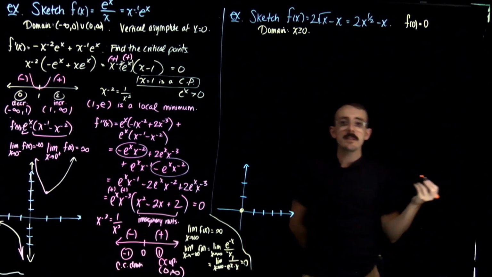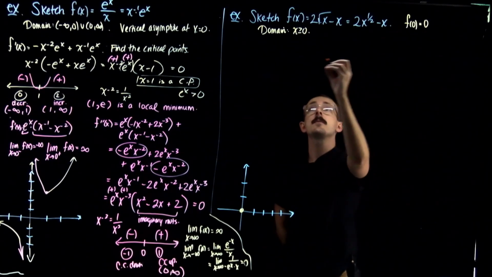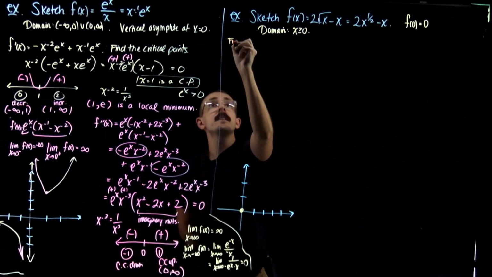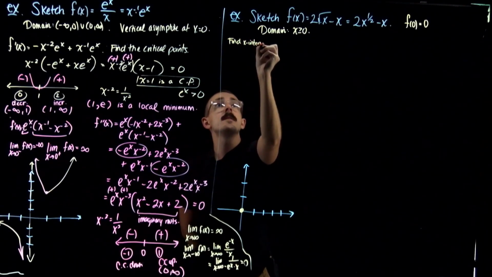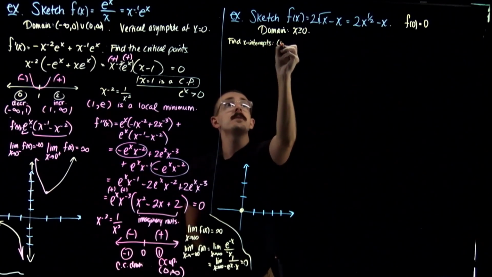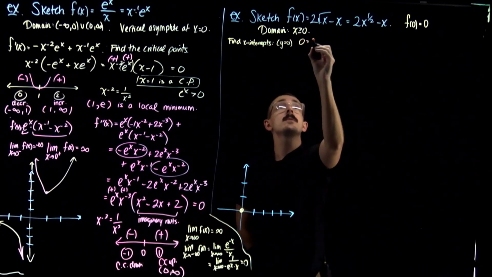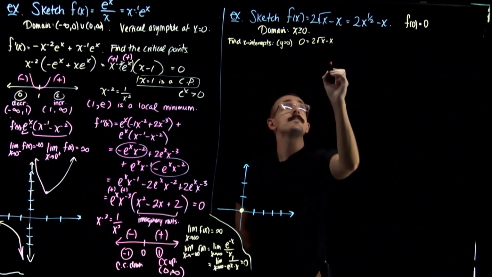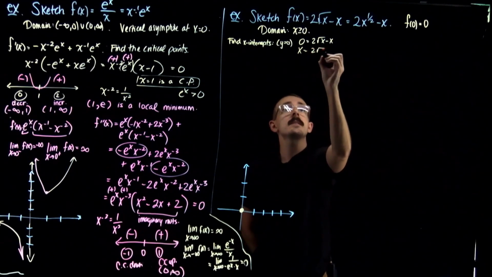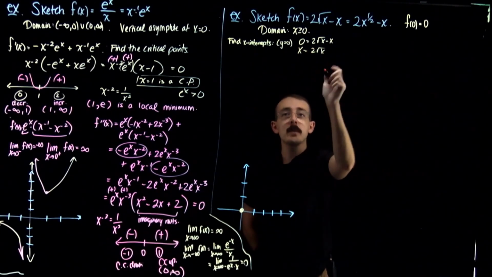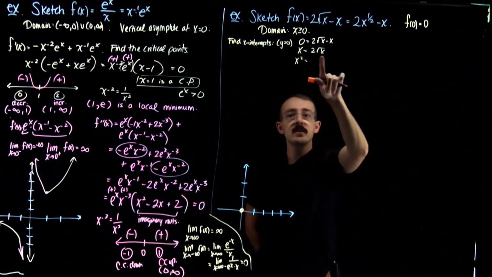Are there any other easy points I could grab? Well, maybe I can find another x-intercept. So let's try to find all the x-intercepts. How do you do that? You set y equal to 0. So I'm going to have 0 equals 2 root x minus x. If I add x to this side, I'll get x equals 2 root x. You can square both sides, and you'll get x squared equals, what happens if you square this?